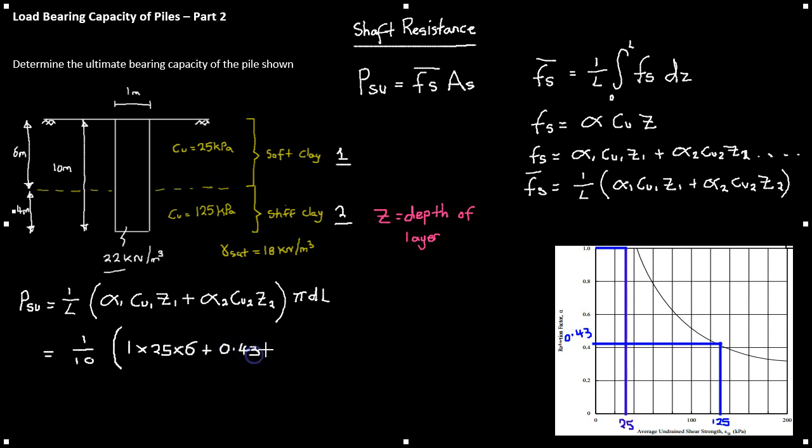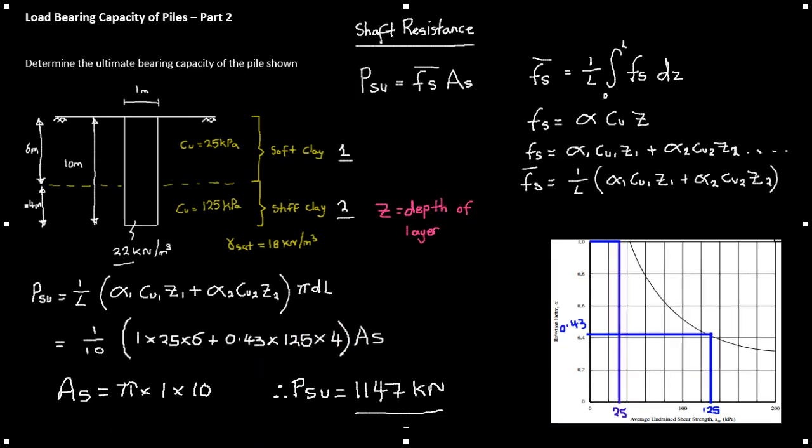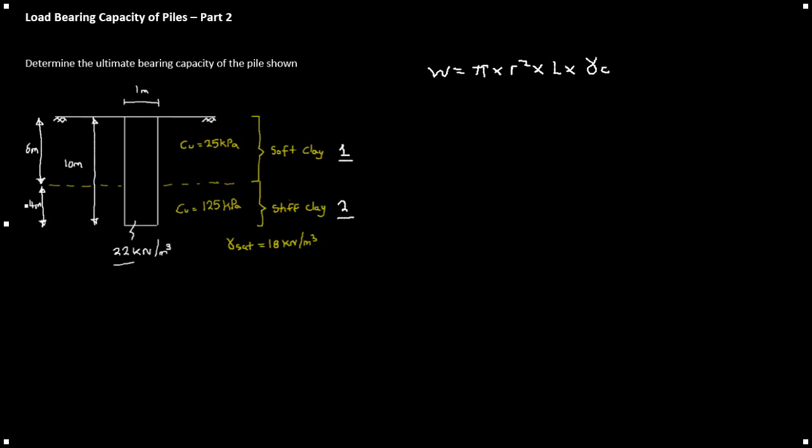So 0.43 times 125 times 4, close brackets, AS. So you should attain a PSU value of 1,147 kilonewtons.